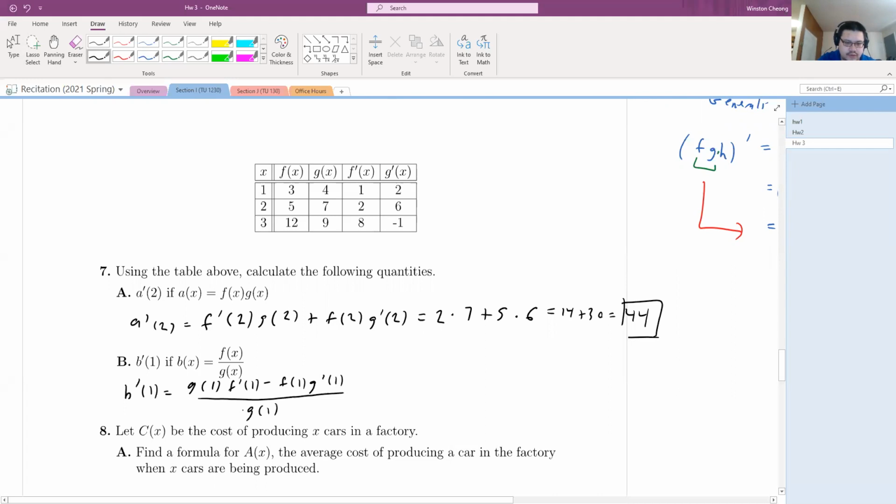So I have g of 1 quantity squared. Okay. And now we just plug things in. So g at 1 is 4 times f prime, which is 1, minus 3 times 2, over 4 squared, which will be 4 minus 6 over 16. That's negative 2 over 16, which is negative 1 over 8.